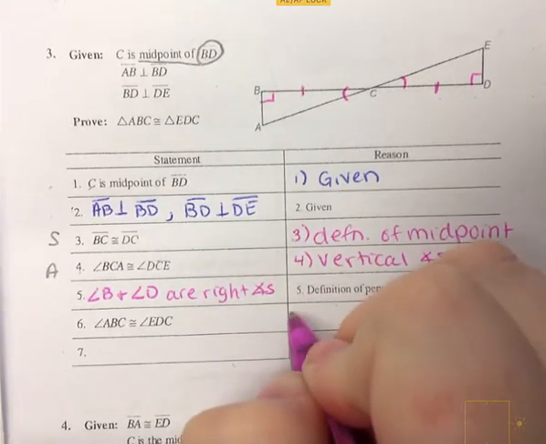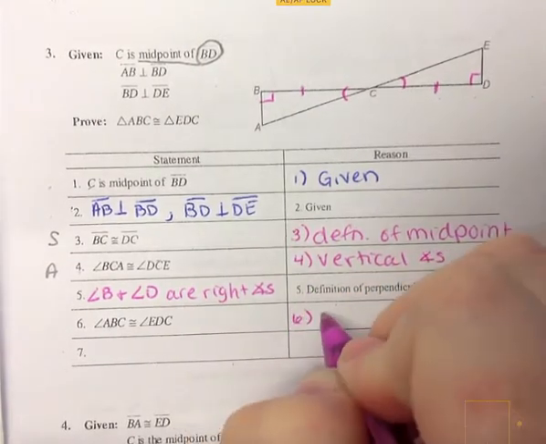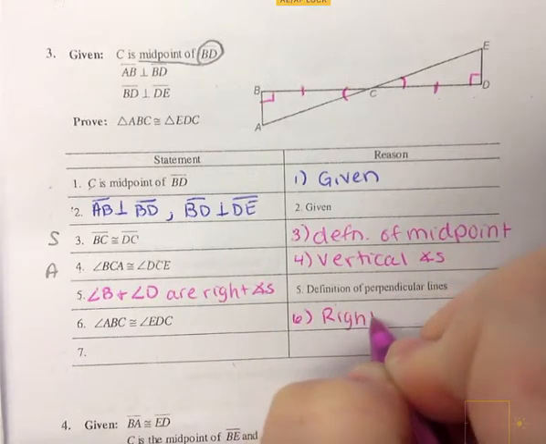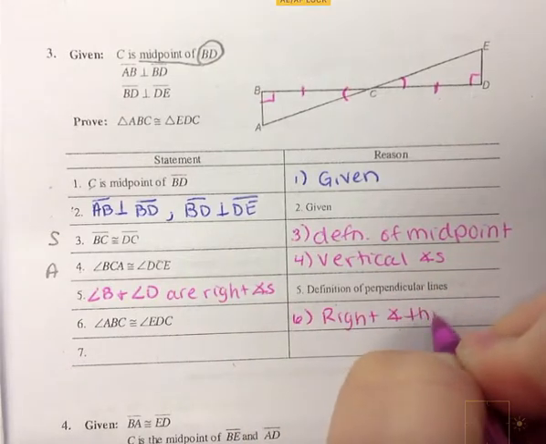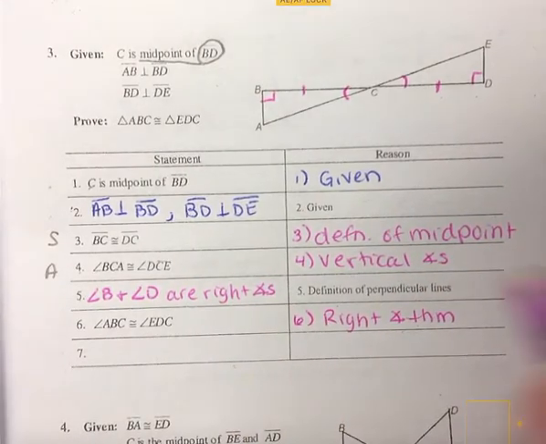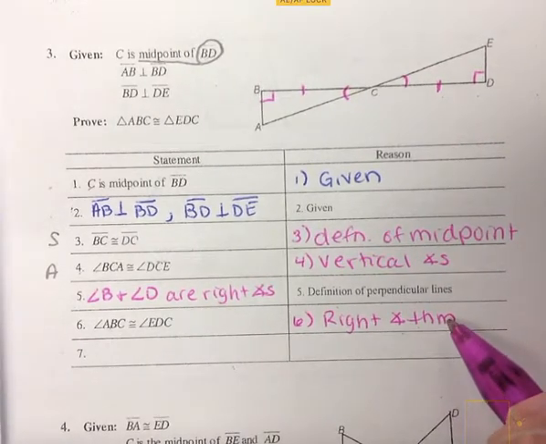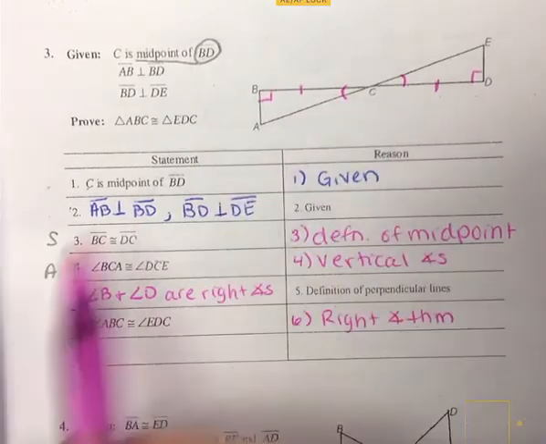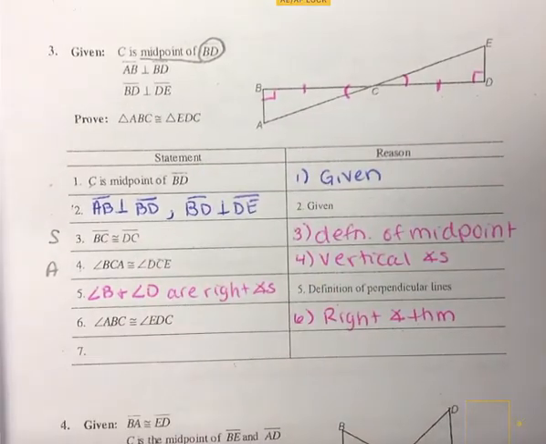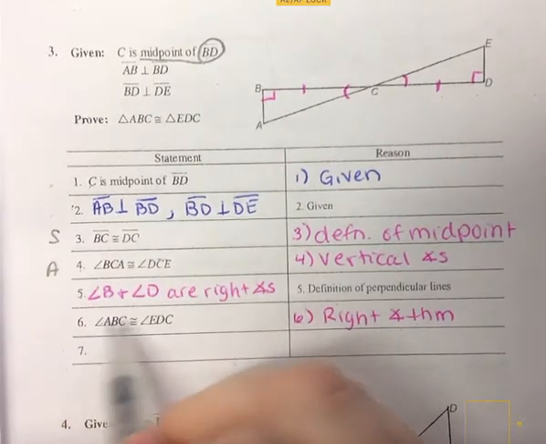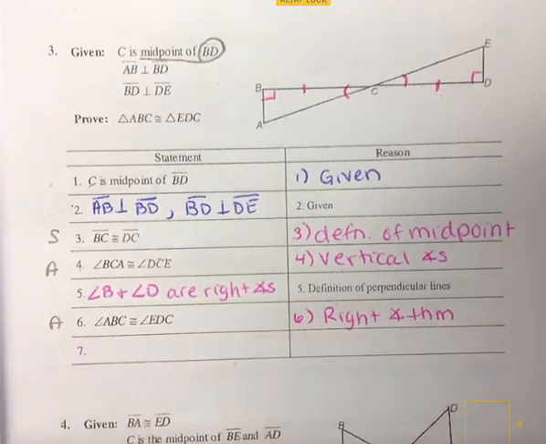That is actually the theorem for a right angle theorem. I'm going to abbreviate theorem to THM. That's the right angle theorem because all right angles are congruent. So now I have 3 pieces. I have an angle congruent again, so I can put an A beside this.